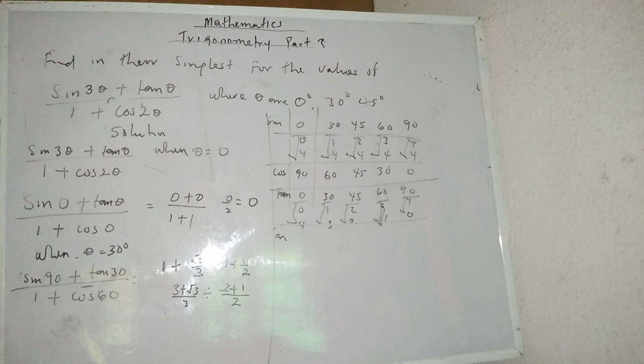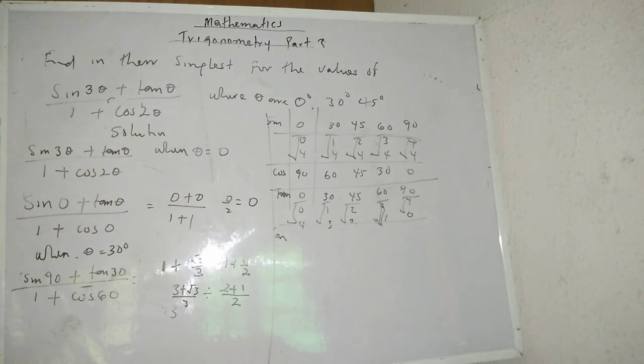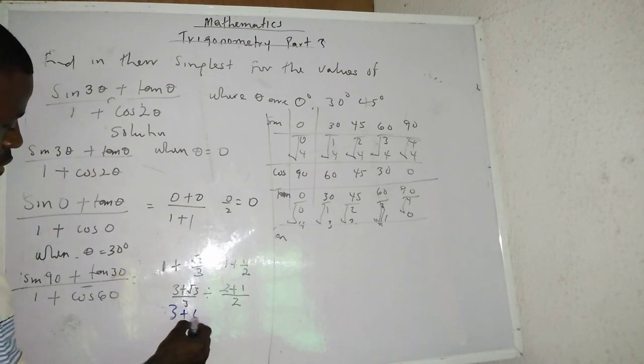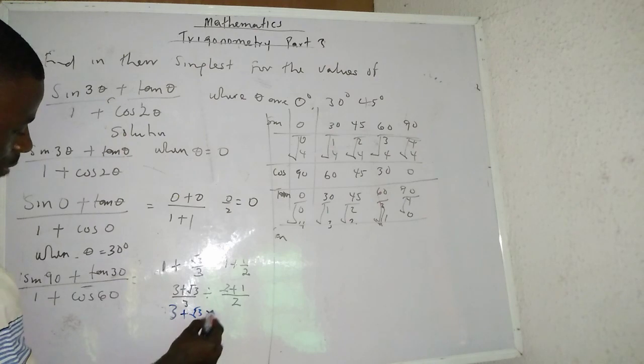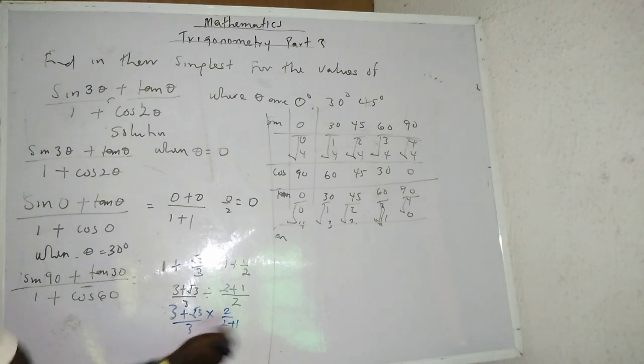Okay, is there any problem? I think I didn't generate any problem. Now, I can say that I have root 3 plus 3, divided by 3, multiplied by 2 all over 2 plus 1. 2 plus 1 is 3.